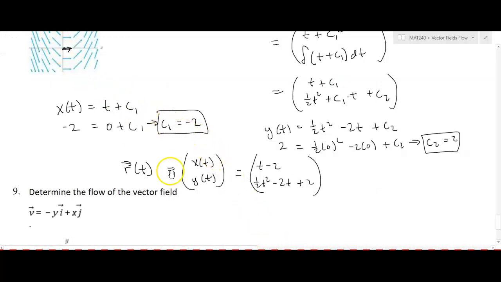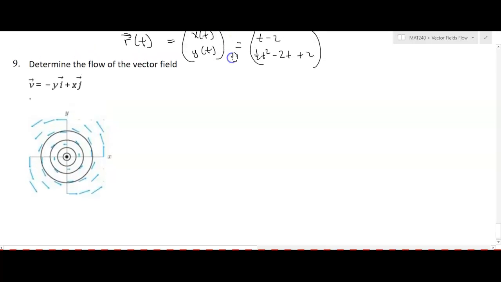Okay, one more example, and this one can be a little bit tricky because we first of all see that the vector field is circular in motion. So that's kind of the key hint here. Our velocity vector, v of t, is equal to -y for the x component and x for the y component. Now this is totally normal.